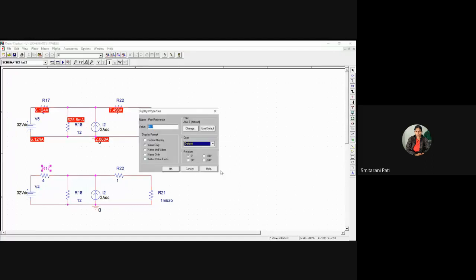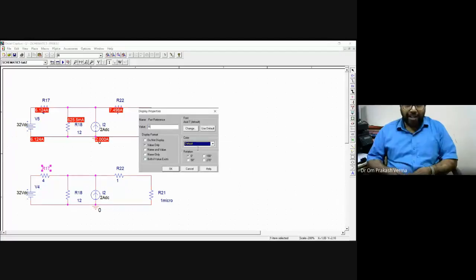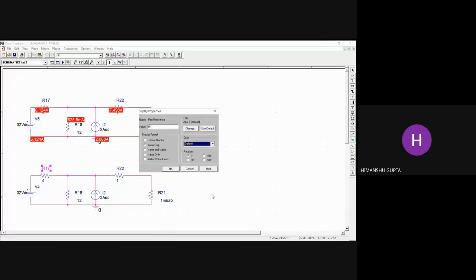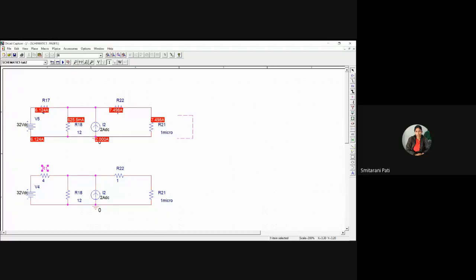Sir, RL is 6 ohm. Sir, it is taken as 1 micro ohm. Actually, we cannot calculate VTH and RTH while using PSpice if we replace the load resistance by open circuit and short circuit.